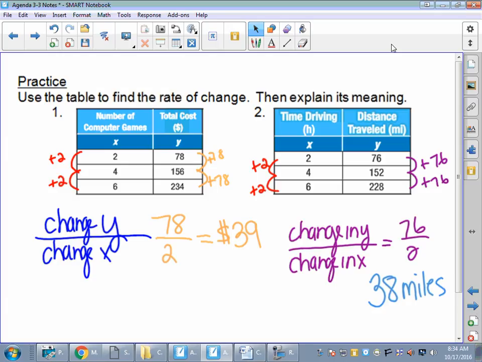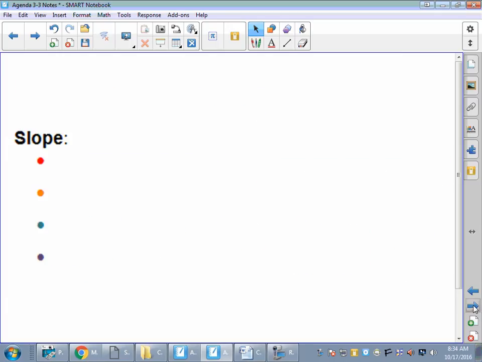All right. So now let's relate this to slope. First of all, the letter for slope is an M. I don't know why you'd think it was going to be an S or maybe even a P, but it's an M. It tells the steepness of the line, how quickly things increase or slowly. And a lot of people know it as rise over run.